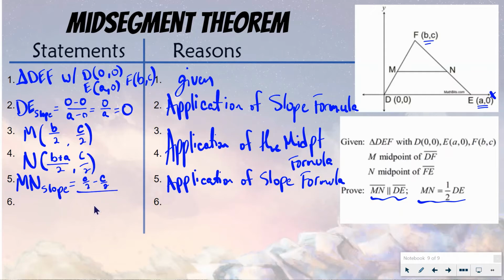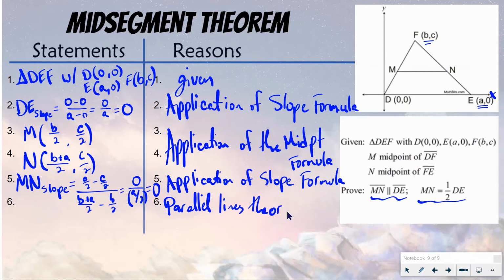And then let's think about N as my y2 and x2, so that I can just subtract in that order. B plus A over 2 minus B over 2. That simplifies to 0 over A over 2, but really it doesn't matter. 0 over anything is just 0. So those two lines have the same slope. And by the parallel lines theorem, DE is parallel to MN because they have the same slope.